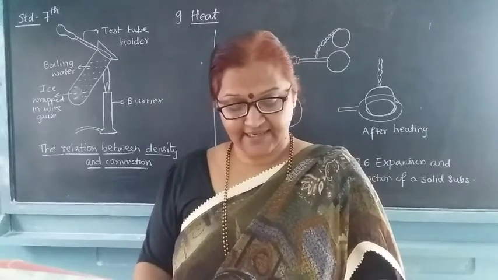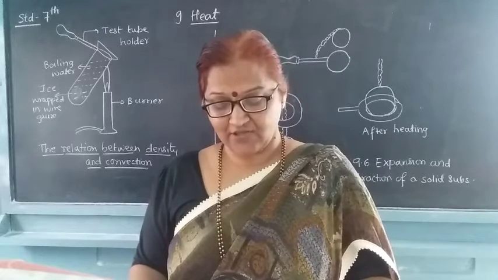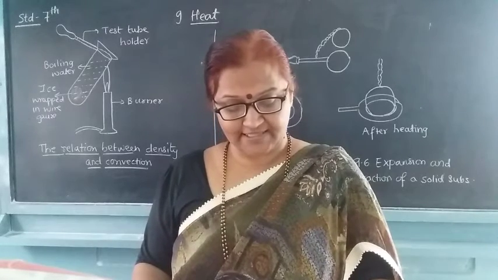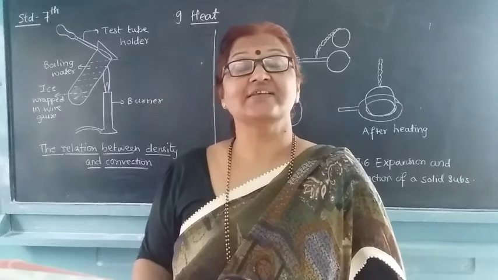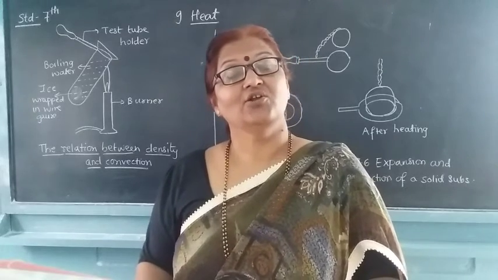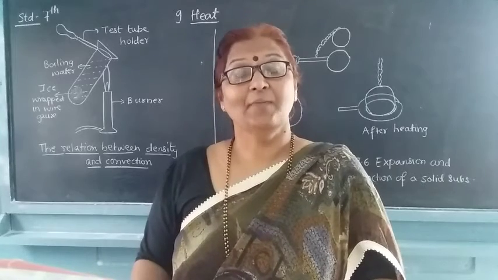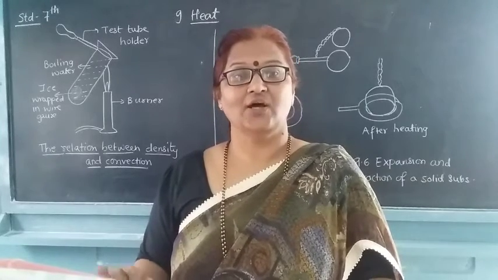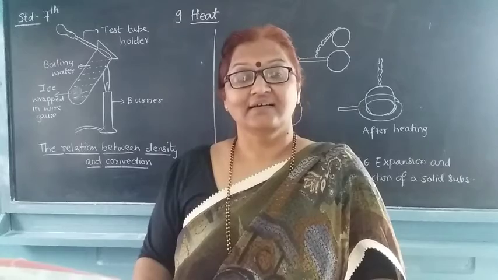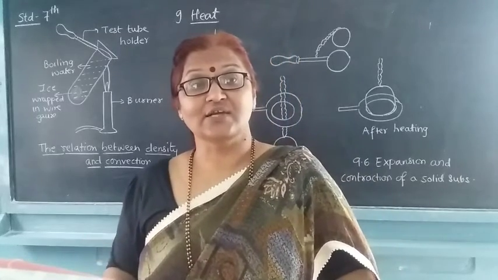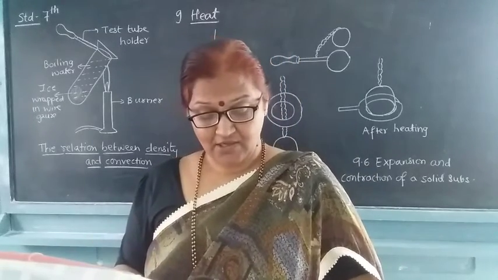See, when heat rays fall on an object, a part of the heat is absorbed by the object and part of it is reflected. Whenever heat falls onto any object, some amount of the heat is absorbed by the object and the other amount is reflected from the object.